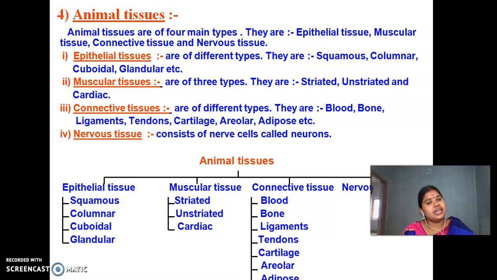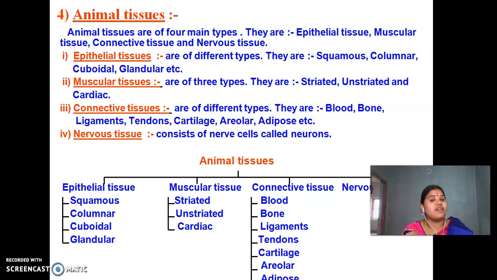Okay, so it is entirely different from plant tissues. Plant tissues are easy to learn by heart, but we have to revise again and again. So epithelial tissues are of four types: squamous, columnar, cuboidal, glandular. The muscular tissues are of three types: striated, unstriated, and cardiac.